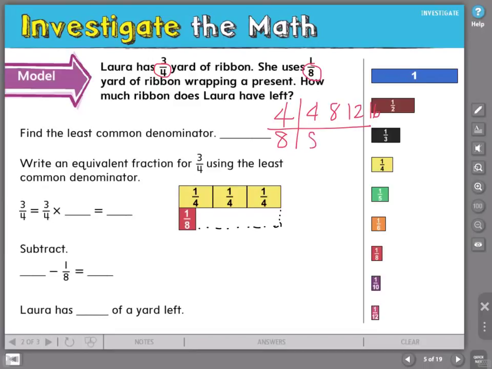Multiples of 8 are 8, 16, 24. I see that I've got 8 and 16 on both of my lists. My work will be much easier if I use my least common multiple. So 8 is my least common multiple. It's going to become my least common denominator.